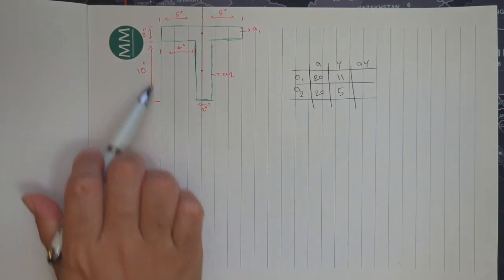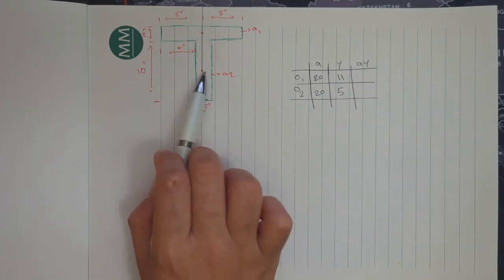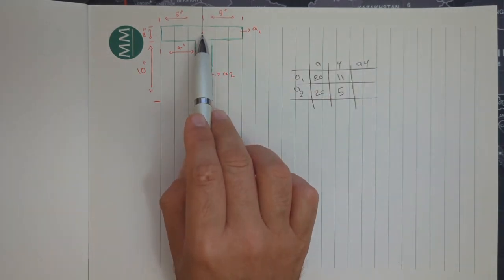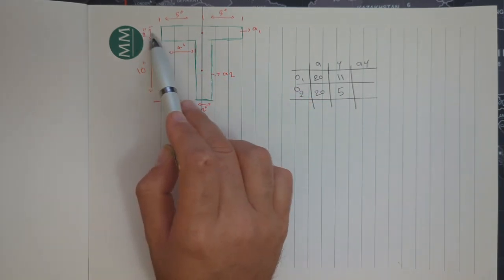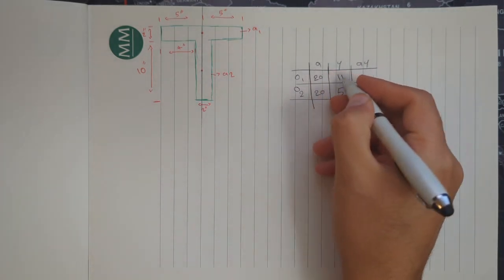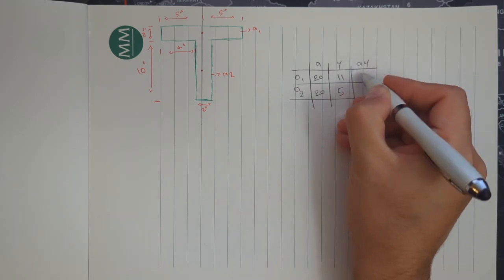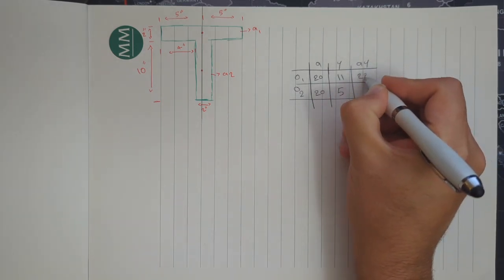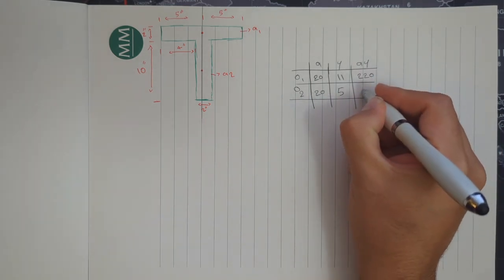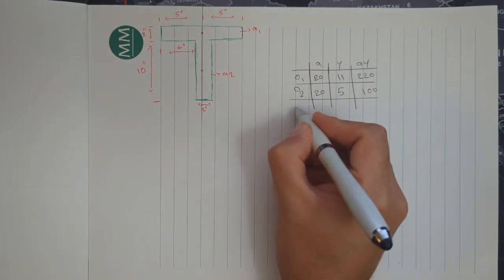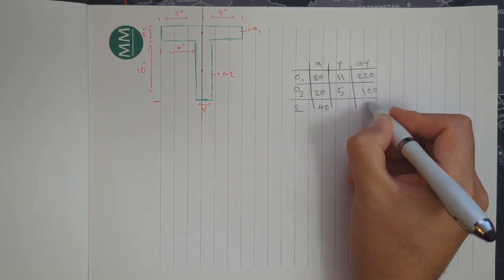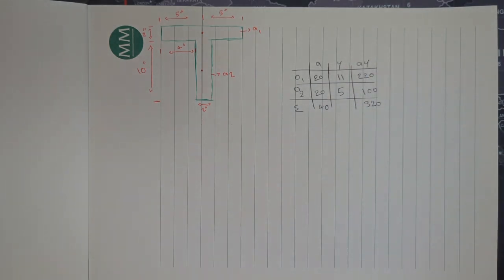Here, this is 10, half of it is 5, so my y2 is 5. And for object 1, this is 10, and half of 2, which is the centroid of this object, plus 10 is 11, right? So Ay is 220, and for object 2 is 100, and the sum of this is 40, sum of this is 320.